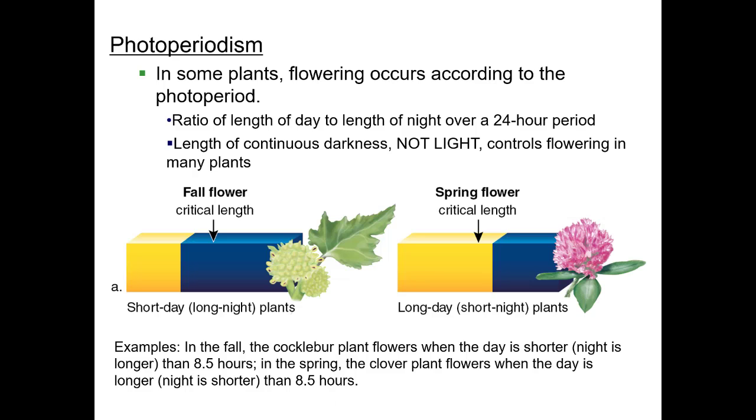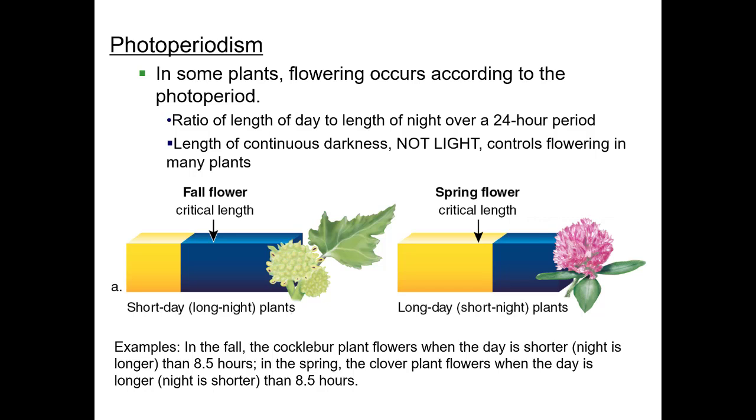The next concept I want to introduce is photoperiodism. Essentially, what this refers to is how and when plants flower. What's interesting about this process is that we notice that certain plants will bloom in the summer, other plants will bloom in the fall.